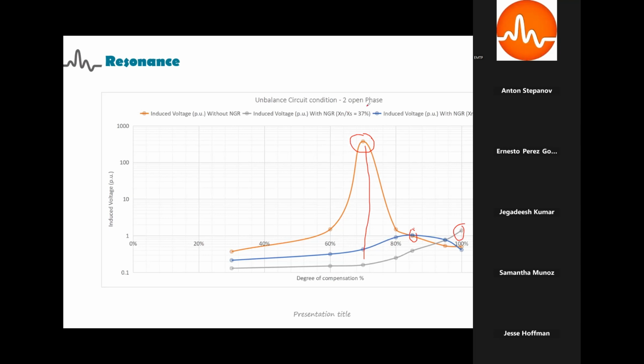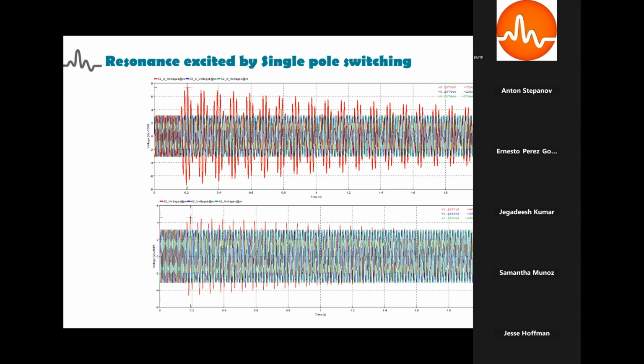So in both cases, one open phase and two open phases, by introducing the NGR we can shift the resonant peak to the right.